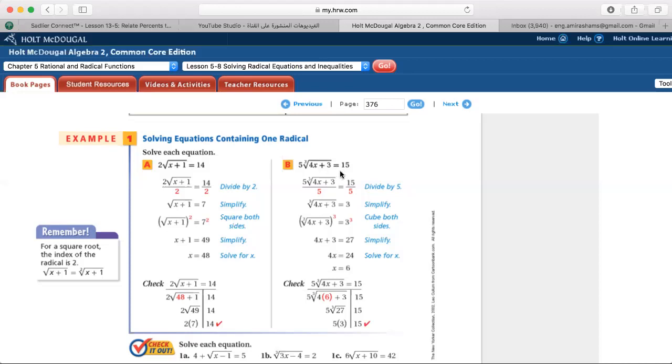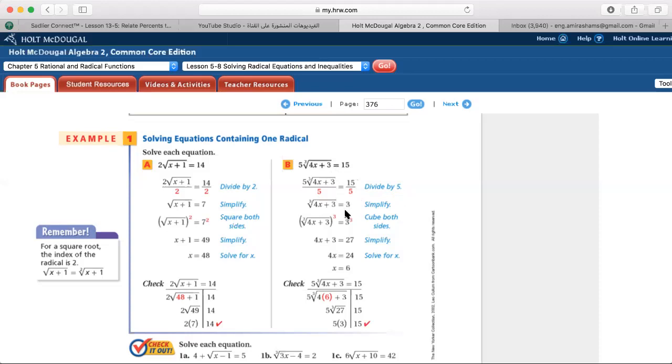Isolate the radical. So I have here 5 multiplied by the radical, so I'm going to divide both sides by 5. I will cancel 5 by 5 here. 15 divided by 5 is 3. Now I'm going to do step number 2, which is raise both sides to the power of the index of the radical.